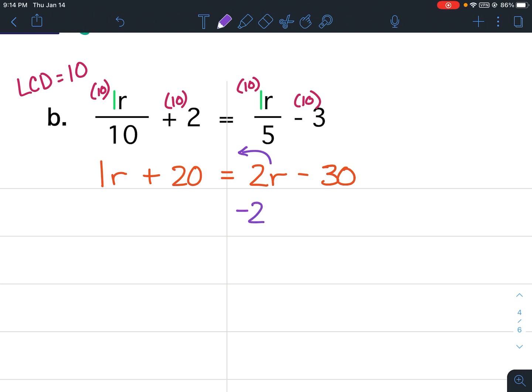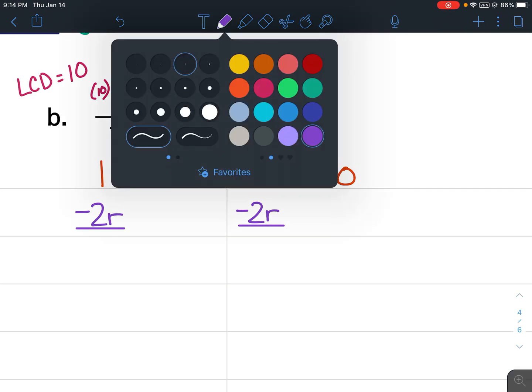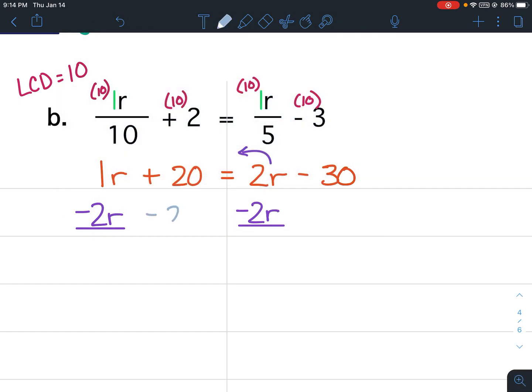So I'm going to subtract 2R from both sides. And I'm going to subtract 20 from both sides. Why am I doing that? Because I want to take my constant to the right. So variable term to the left, constant term to the right.